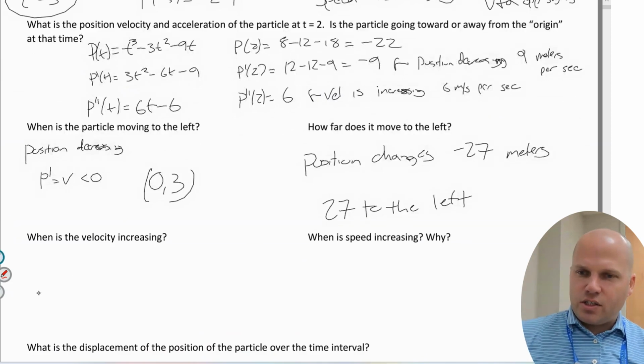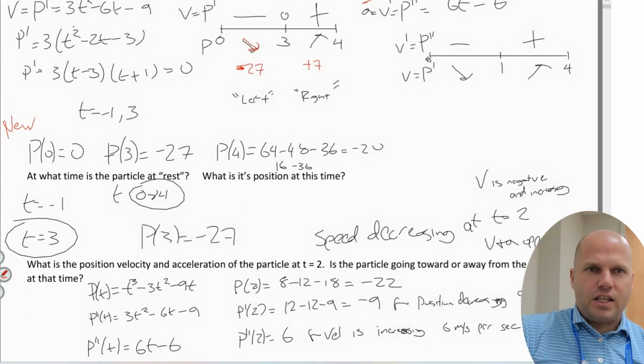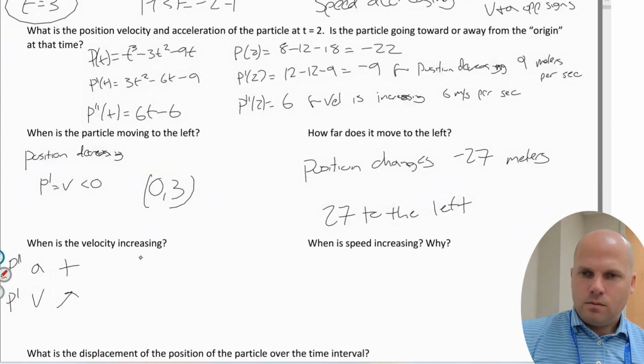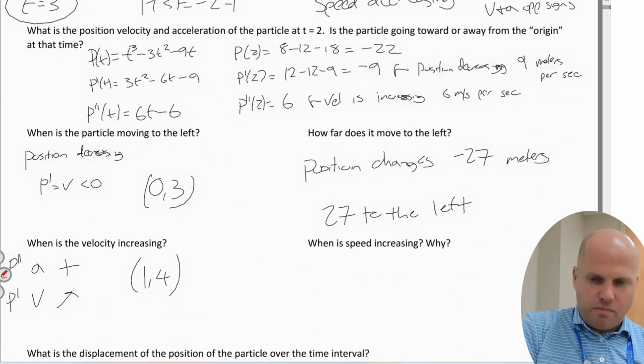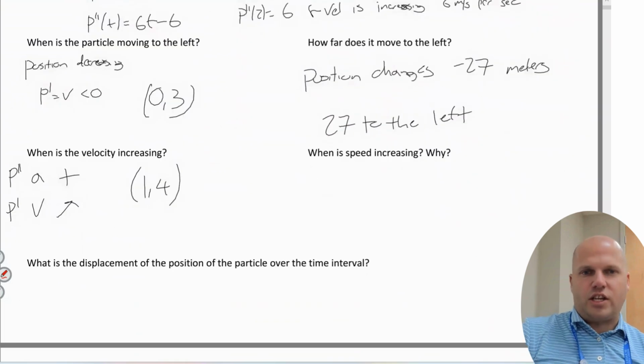Velocity increases when the first derivative increases. That's when the second derivative is positive. My velocity is increasing from 1 to 4, when my second derivative is positive. So you see, all these questions are easy to answer.